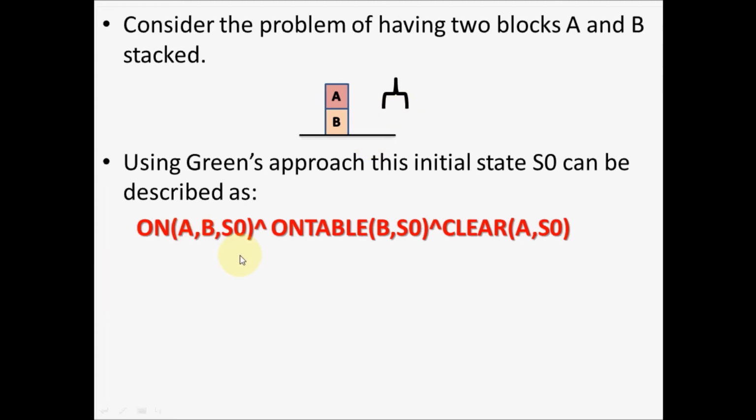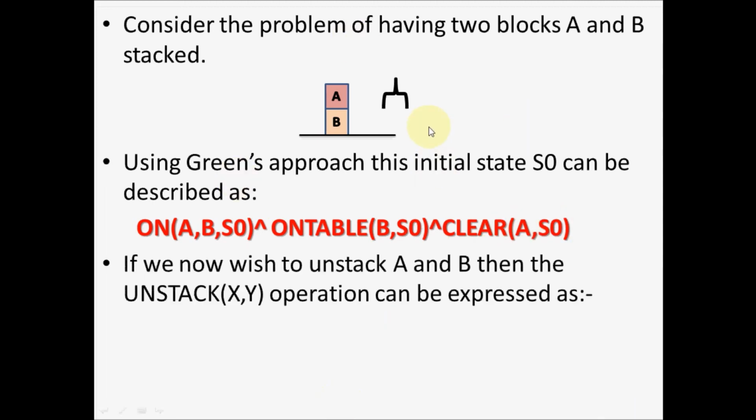Let's go ahead now. So we have already written a frame axiom that describes the current state. Now let's say we wish to unstack A from top of B. Green said that each operation like stack, unstack and so on can also be represented using his approach.